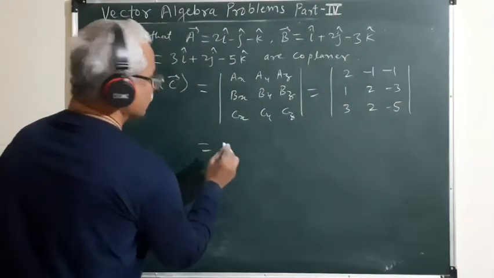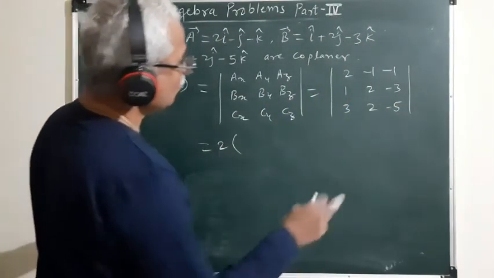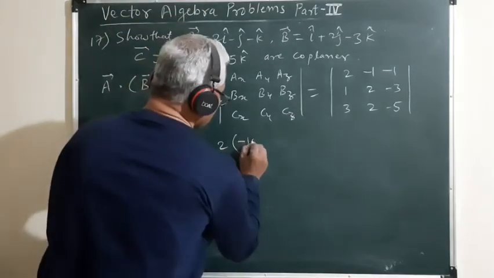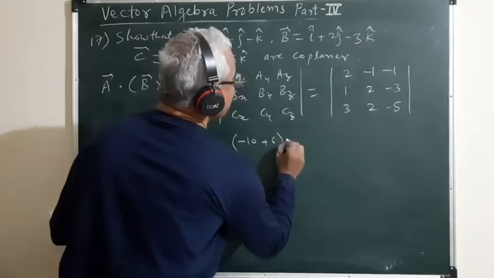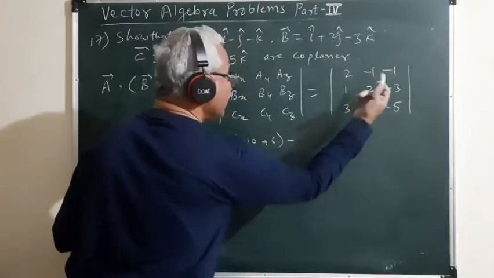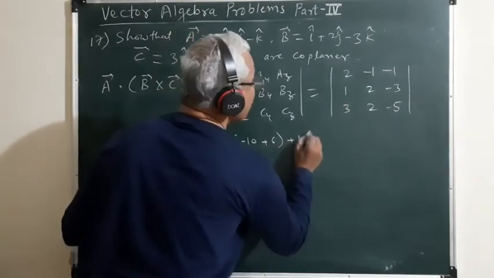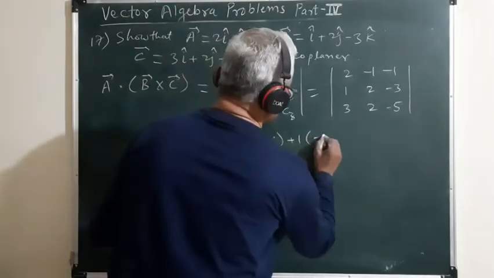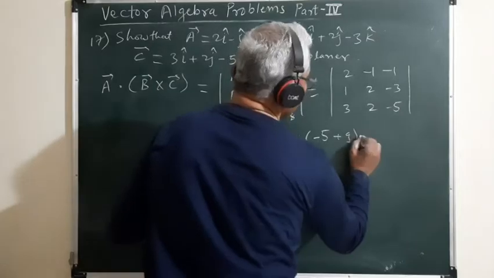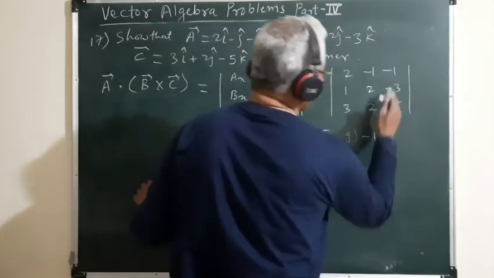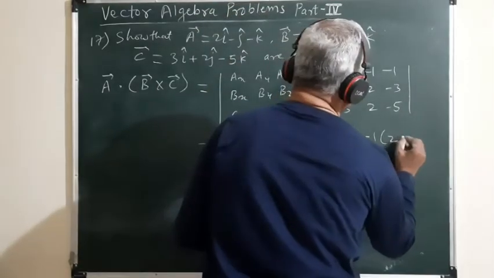So this is equal to 2 into bracket minus 10 plus 6, minus of minus 1 is plus 1 into bracket minus 5 plus 9, minus 1 into bracket 2 minus 6.